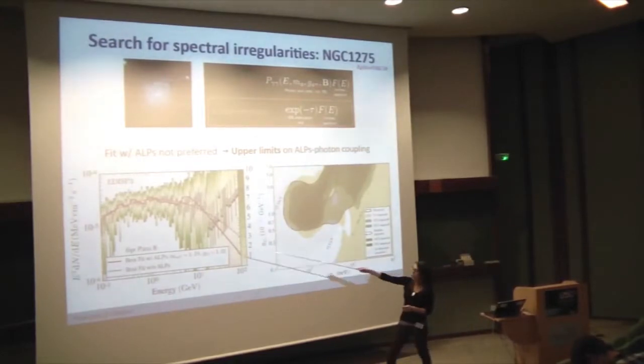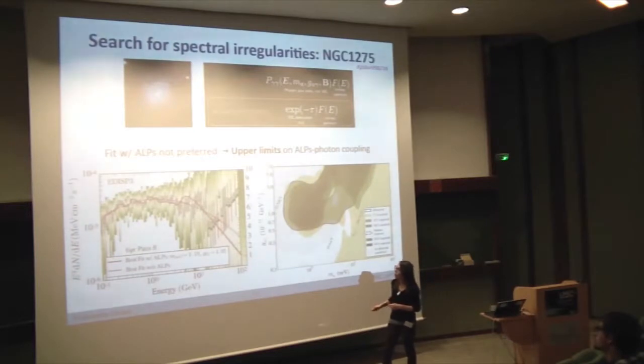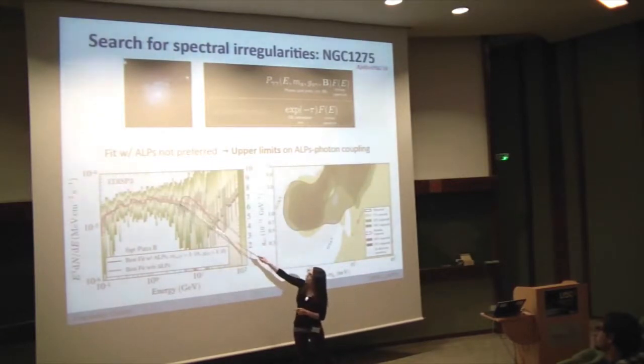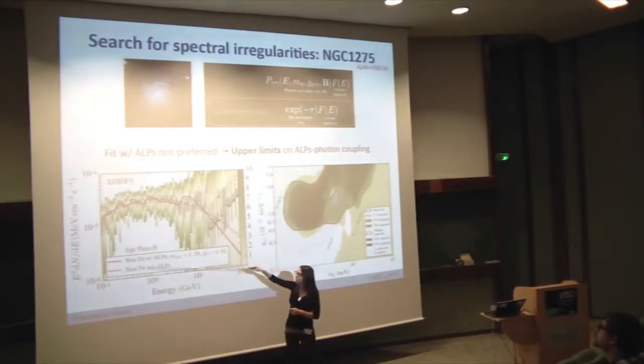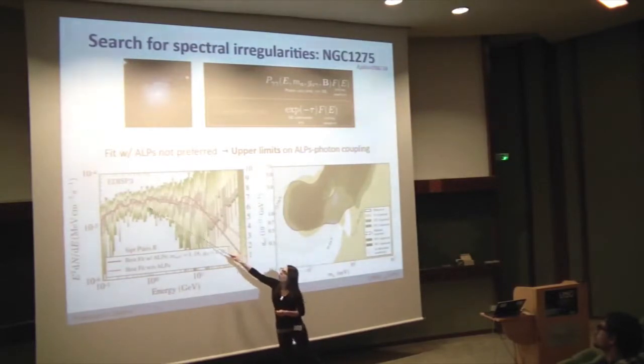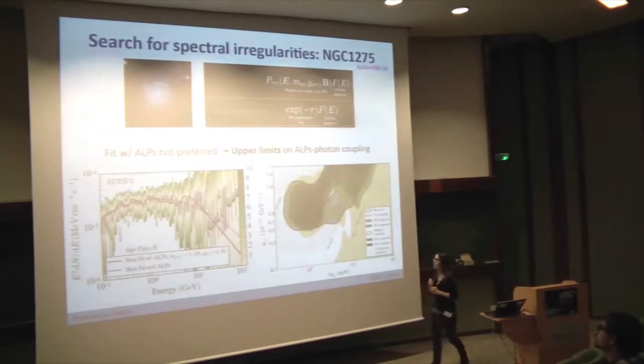So this is the energy spectrum, again as before, as a function of the energy. The black points are the measured spectral points for the source. And you can see two different fits: one with an oscillatory behavior, which is the best fit with the presence of ALPs-photon conversion, and the other one is a smooth, exponentially falling power law corresponding to the absence of ALPs.